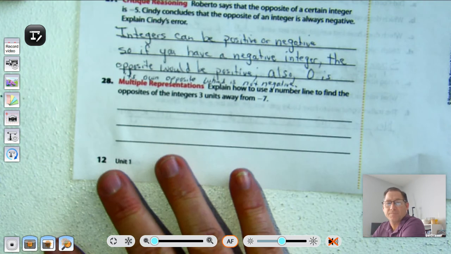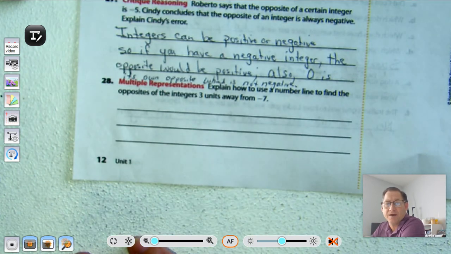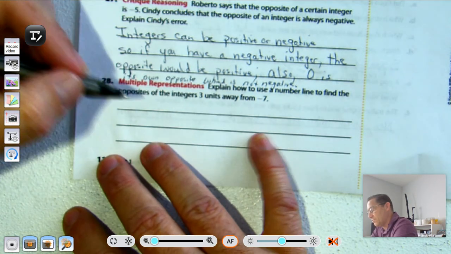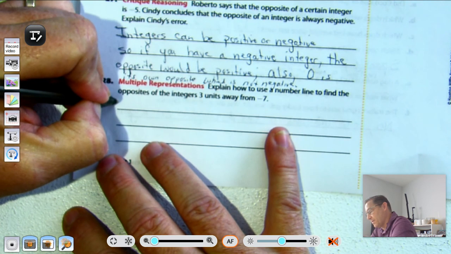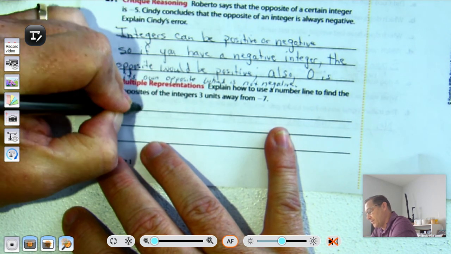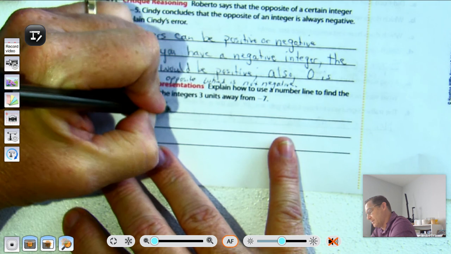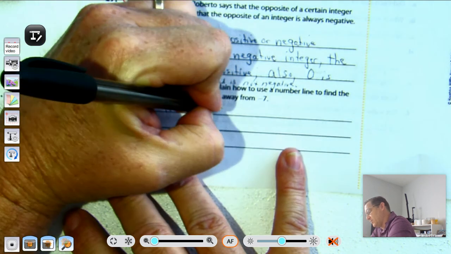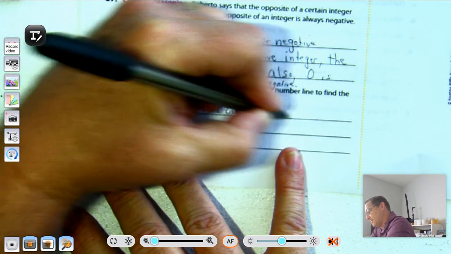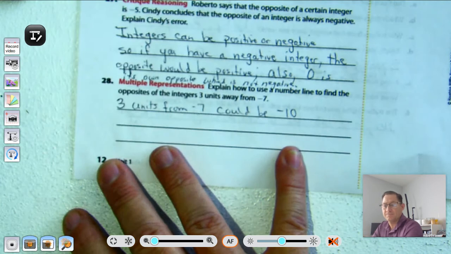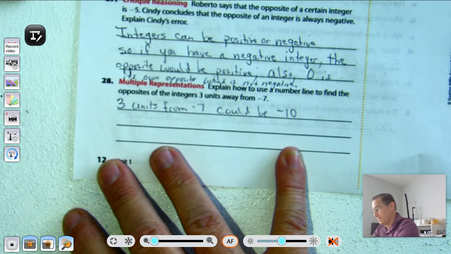All right, 28. Explain how to use a number line to find the opposites of the integers 3 units away from negative 7. All right, so 3 units away from negative 7 could be negative 10. That would be 3 units to the left of negative 7.